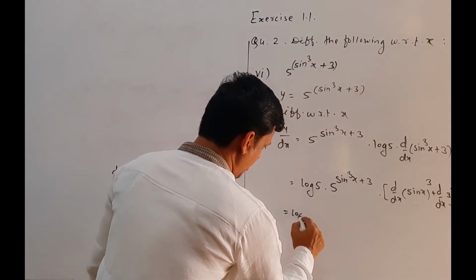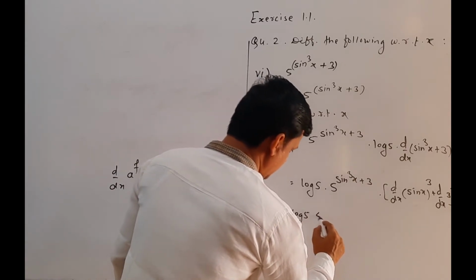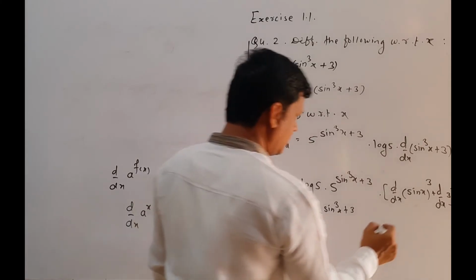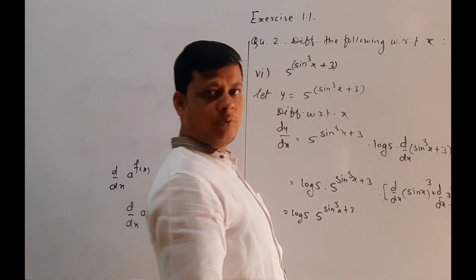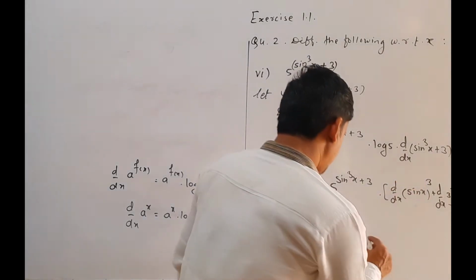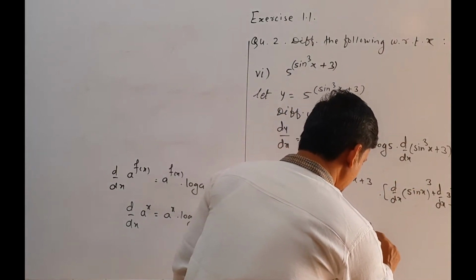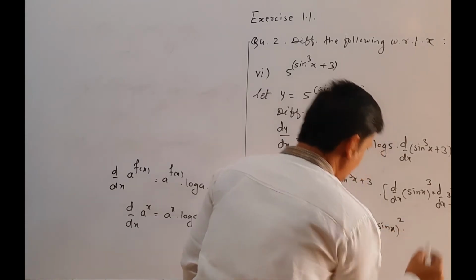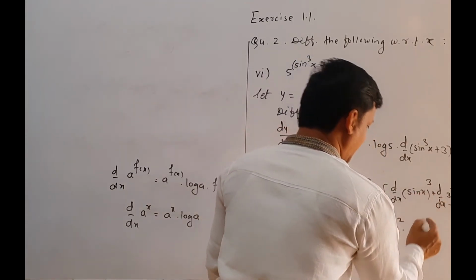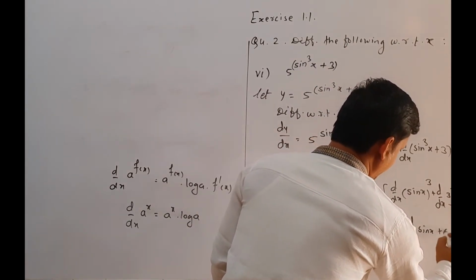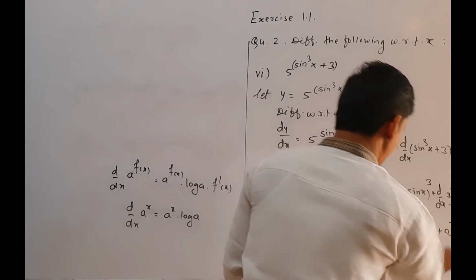Then log 5 as it is, 5 raised to the power sin cube x plus 3 as it is. Then the derivative of sin cube x. So we have to apply here the power rule first. So we write here the power in multiplication. So 3 in bracket sin x, its brackets here, into the derivative of sin x, d by dx of sin x, and the derivative of this 3 is 0.